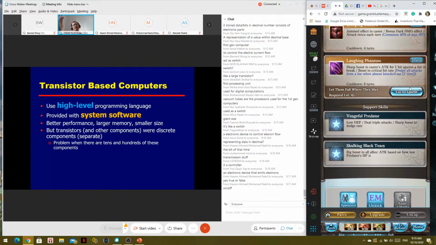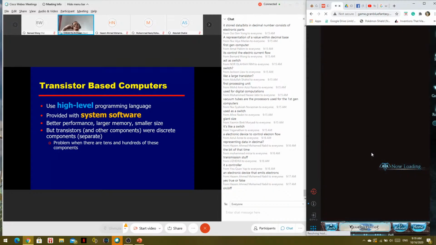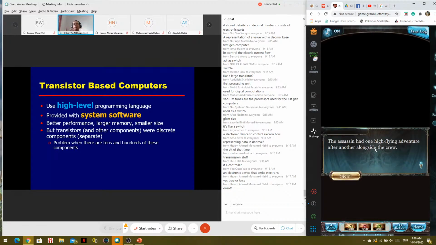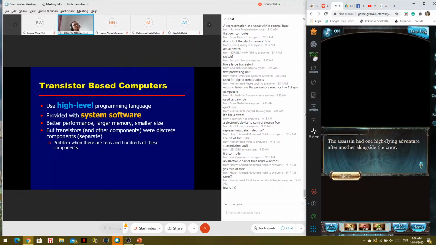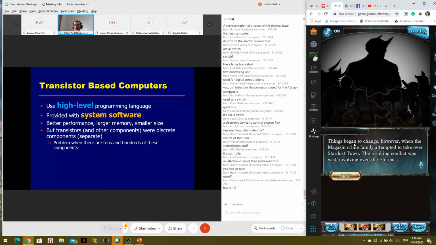What's the difference between high level and low level programming language? A high level programming language uses statements that are similar to how we talk, like natural language, which is a super high level language. A low level language is one that the hardware will understand, very close to assembly language.